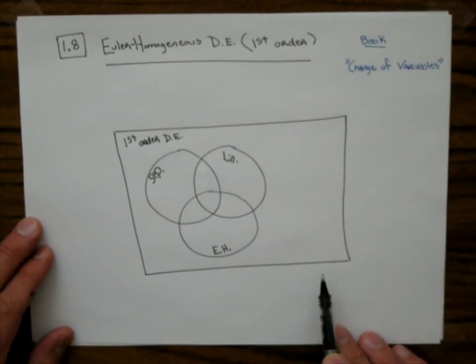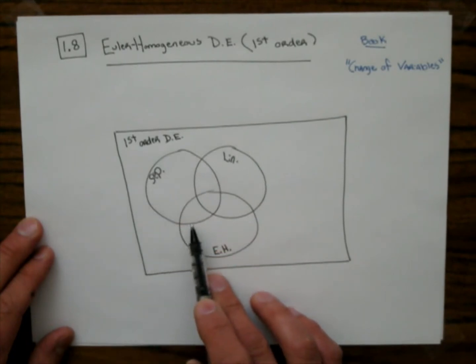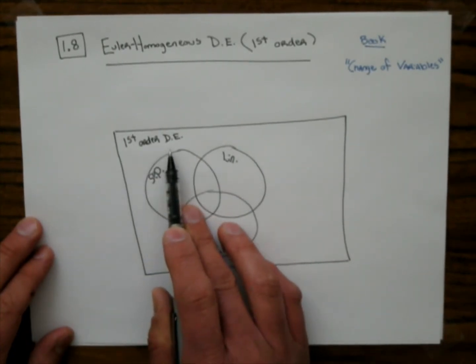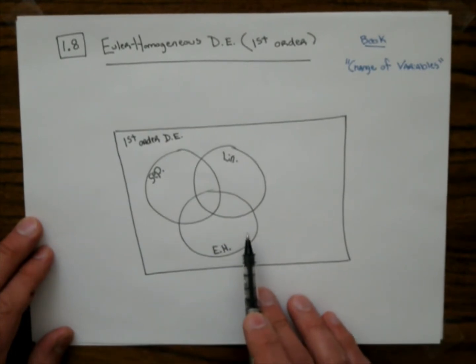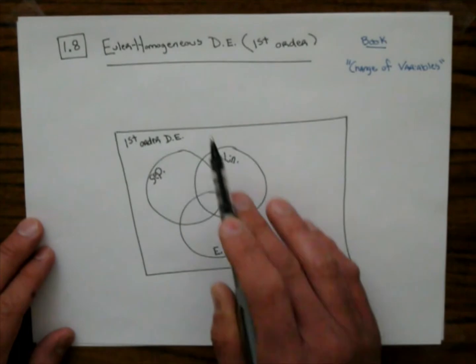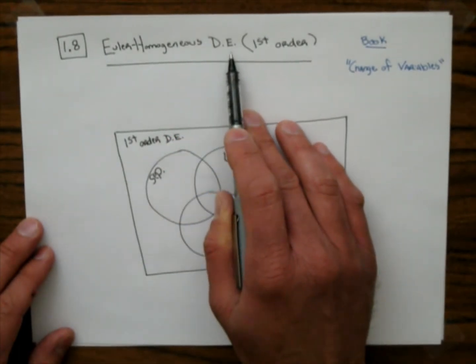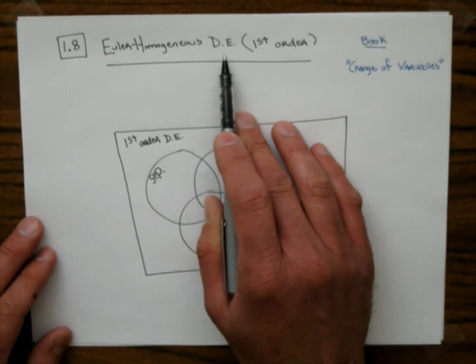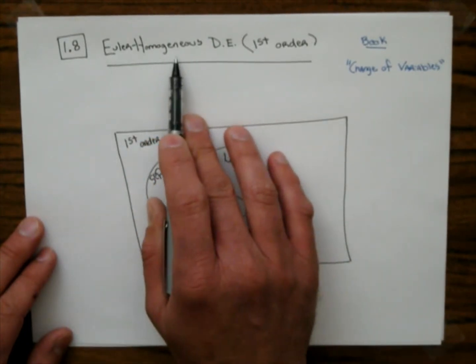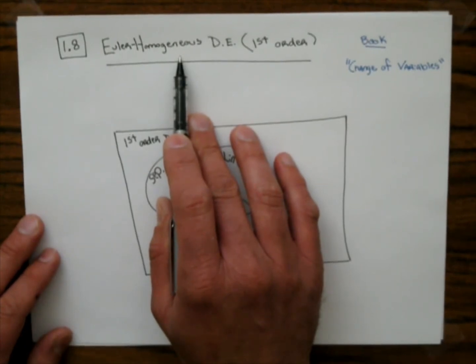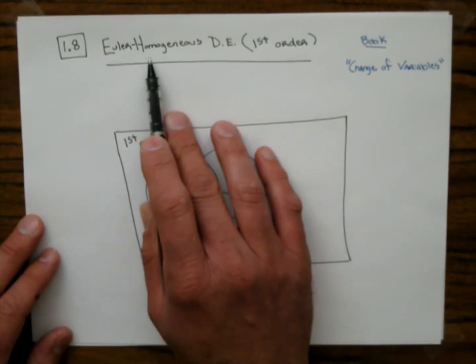So here's a Venn diagram. We have separable equations, linear equations, these are all first order differential equations, and then we're going to study Euler-Homogeneous. Now, lots of books will call them homogeneous differential equations, but it gets a little confusing because we already have another definition for homogeneous when the right hand side is 0, and this is a different kind of homogeneous.